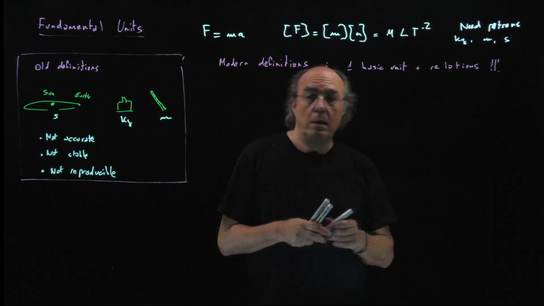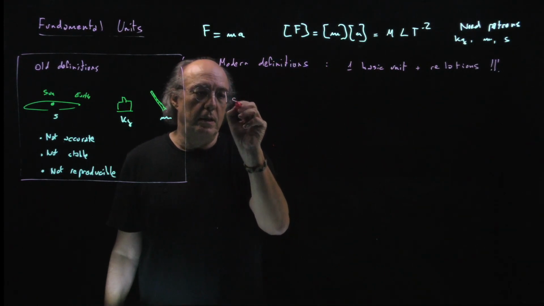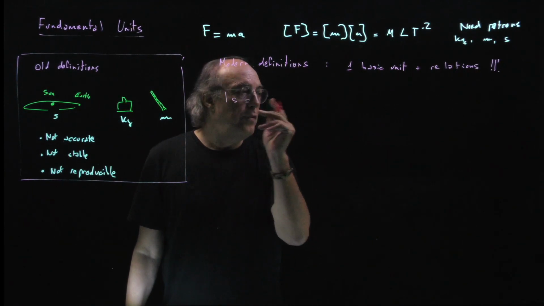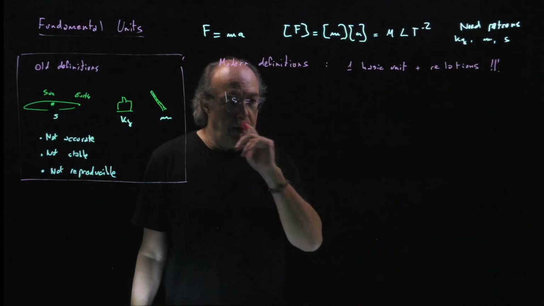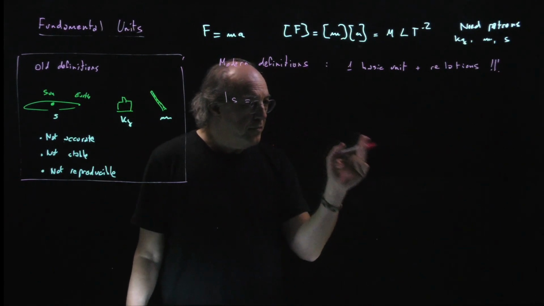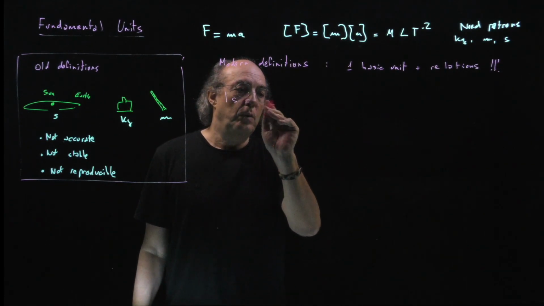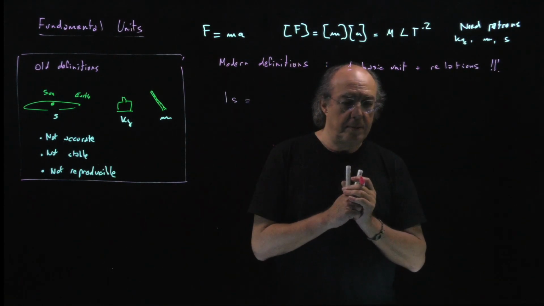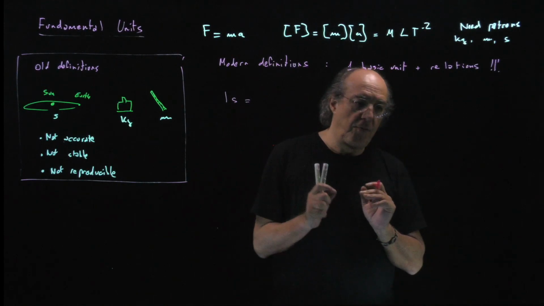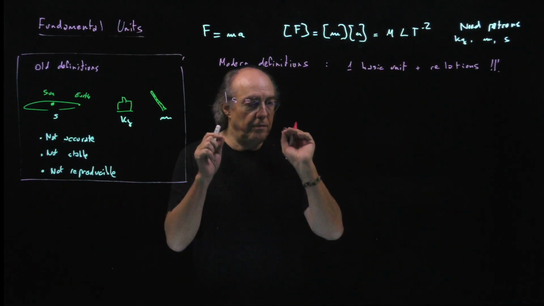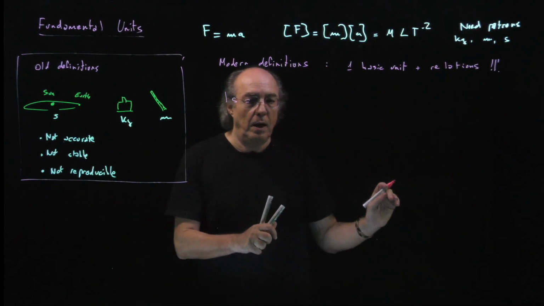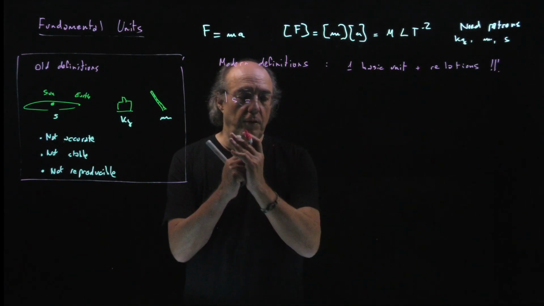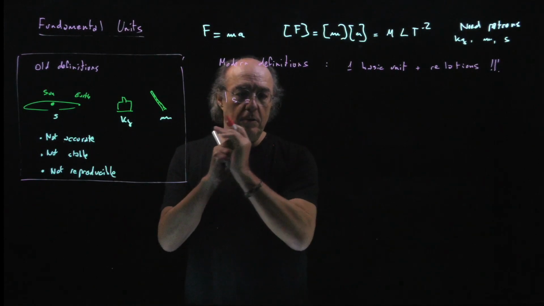The first one that was introduced was the second, and the second was referred to a fundamental observation: the atom of cesium. We take the atom of cesium, which is identical in all the labs. We consider a very specific transition, the hyperfine transition of a fundamental level, and we simply count periods of that transition. So we have a given frequency by nature, and we consider that our definition.